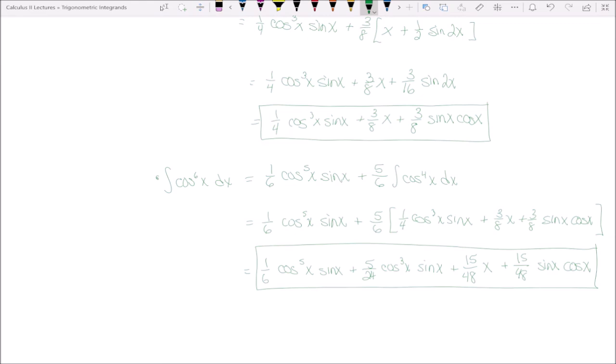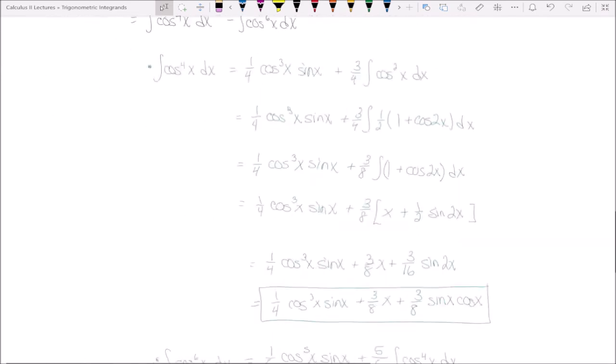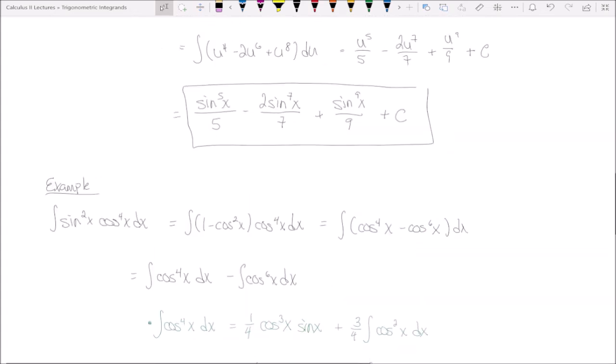Now what we do is we just subtract the two boxes. So we're going to subtract this bottom box down here from this top box, because it was cosine to the 4th minus cosine to the 6th.